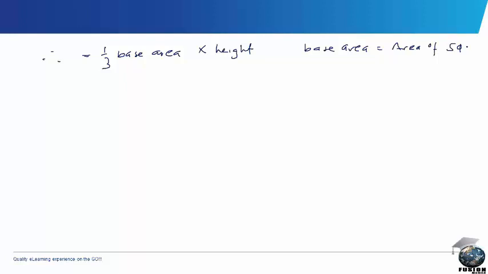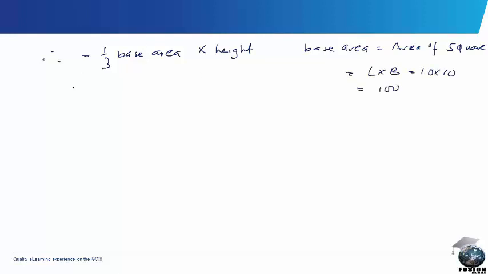So therefore, since you have the height of the pyramid, we can go ahead and find the volume of the pyramid. Remember the volume of a pyramid has already been stated as 1/3 base area times height. So what's the base area? Base area is equal to the area of the square, because the base is a square, length times breadth, 10 times 10, which is equal to 100.